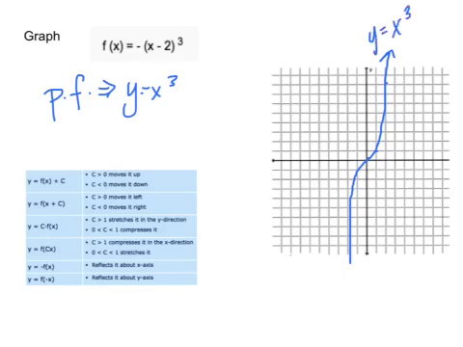Now if we look, we have this minus 2, which will move it to the right. So that minus 2 moves it right 2. And then that negative out front is going to reflect it about our x-axis, or flip it over the x-axis.